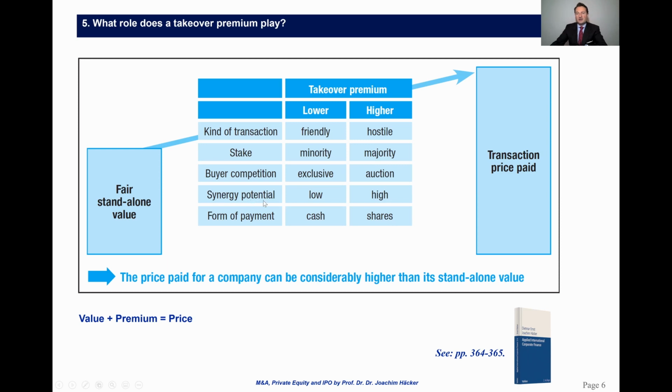Synergy potential. If you have a low synergy potential, then usually the takeover premium is rather low. If there's a high synergy potential, you end up with a higher transaction price paid. Usually the synergy potential is bigger with a so-called strategic investor compared to a financial investor.